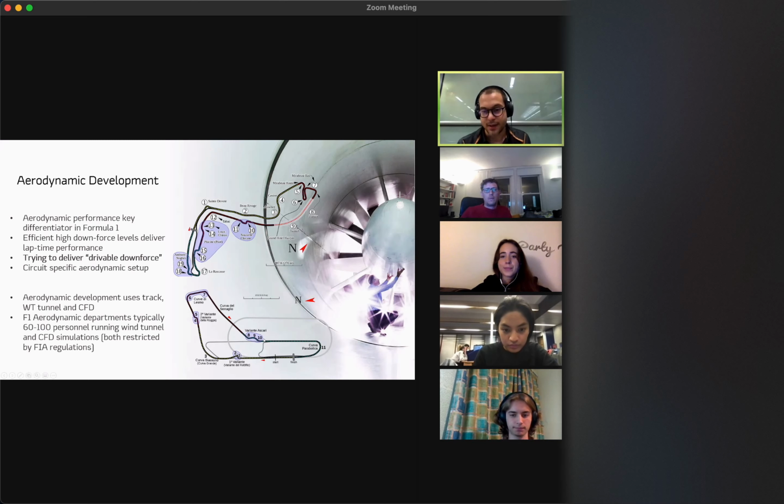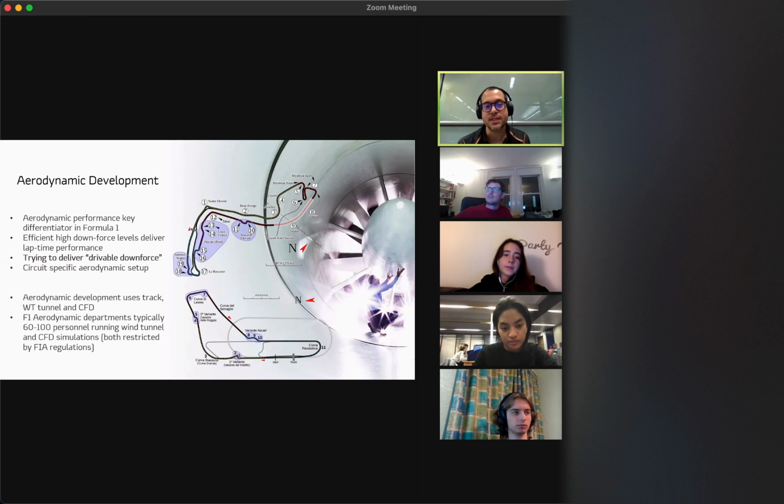Monza has 11 corners, but for example, Parabolica is a flat out corner. You have Lesmo, which is a flat out corner. So essentially, you have maybe 1, 2 S's and Ascari that you are not flat out. And you understand that the requirements of an efficient car are completely different there.